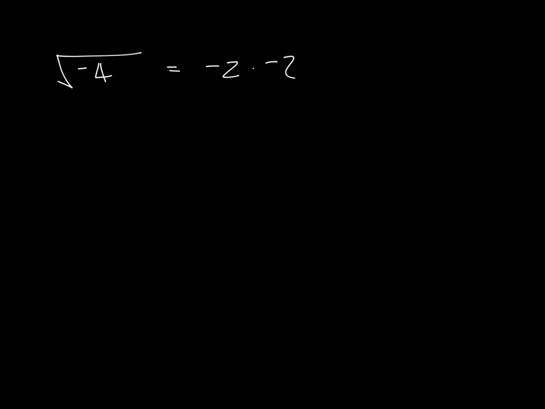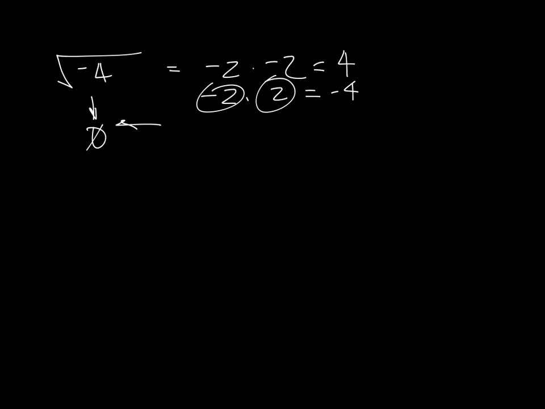Negative 2 times negative 2 is positive 4. Negative 2 times 2 is negative 4, but these are not the same numbers. One's a negative 2 and one's a positive 2. So when you get a problem like this, there is no solution. It's the null set. That's the symbol that means there is no answer for that one.